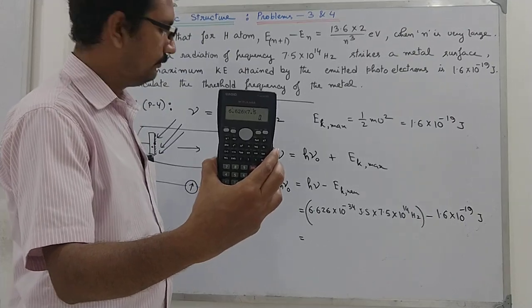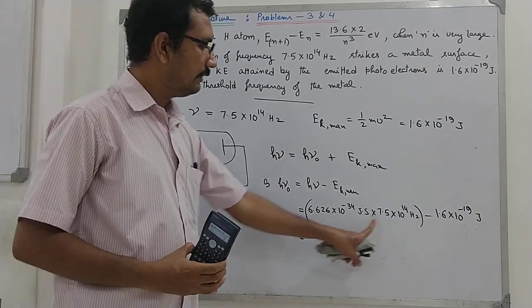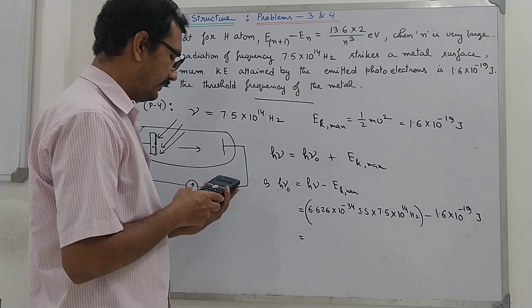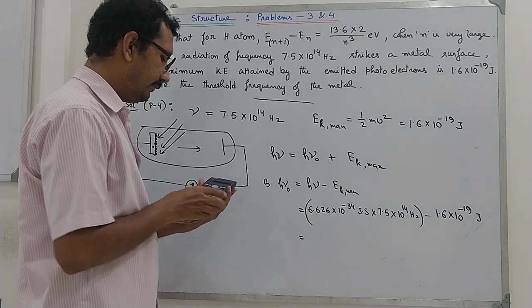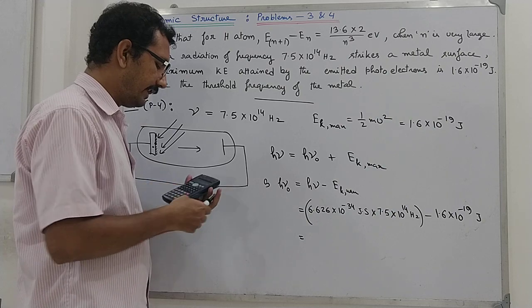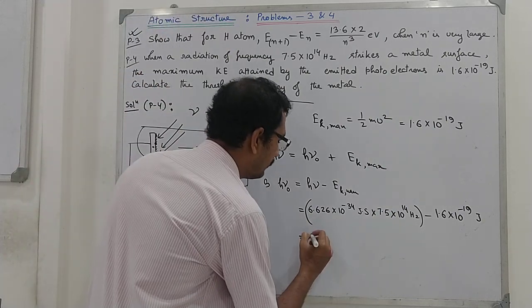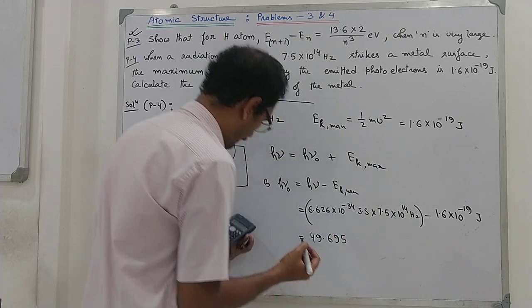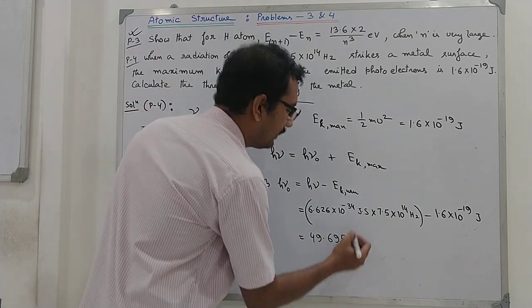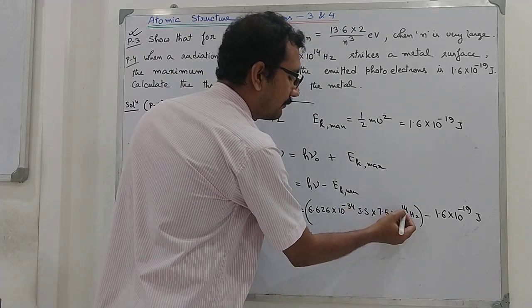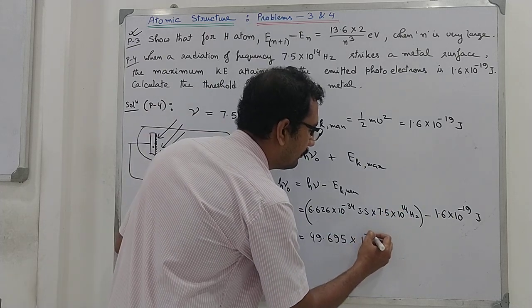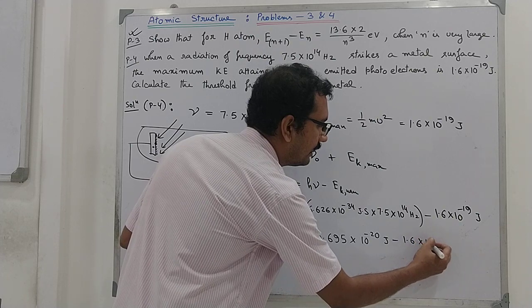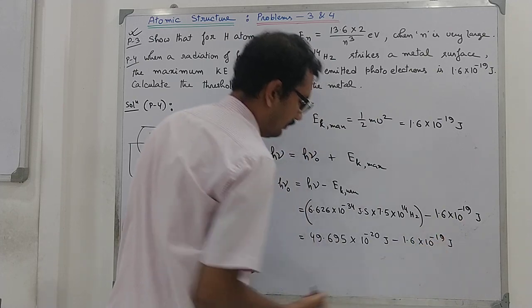So what you will do, you will just calculate with the initial digits. So, 6.626 into 7.5 will give you 49.695 into, you see, it is minus 34, it is plus 14, so it will be 10 to the power minus 20 joule. Minus 1.6 into 10 to the power minus 19 joule.